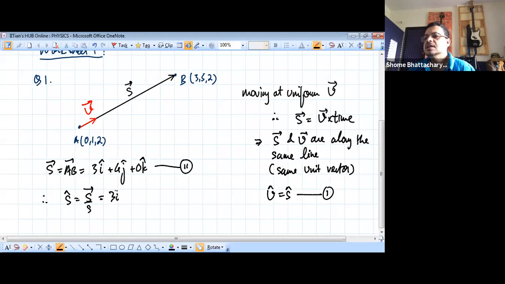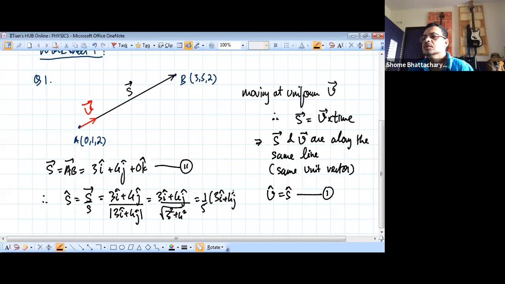So that is 3 I cap plus 4 J cap divided by its own magnitude, which is 5. So it is 3I plus 4J divided by 5. This becomes my unit vector along the displacement.